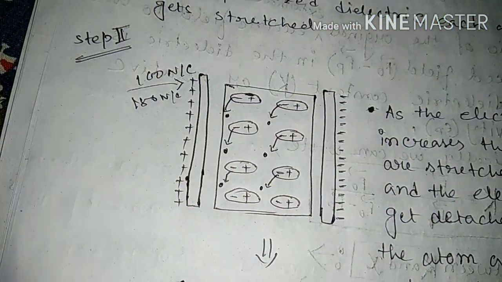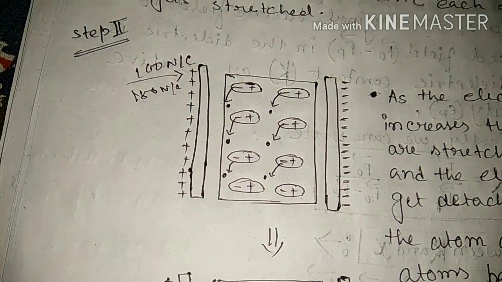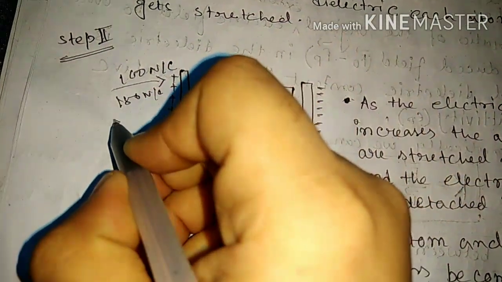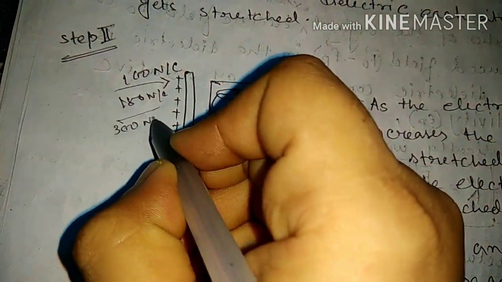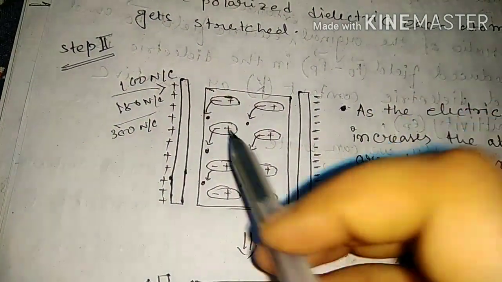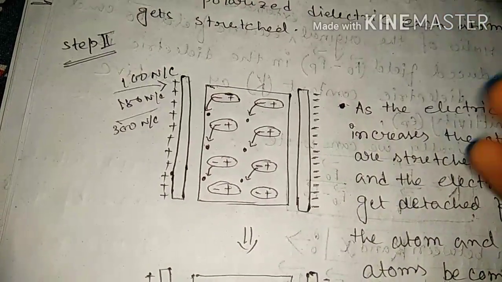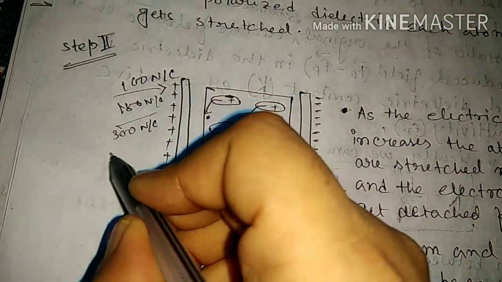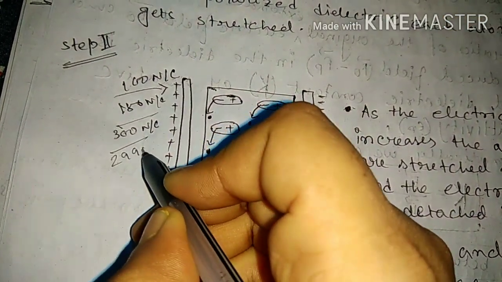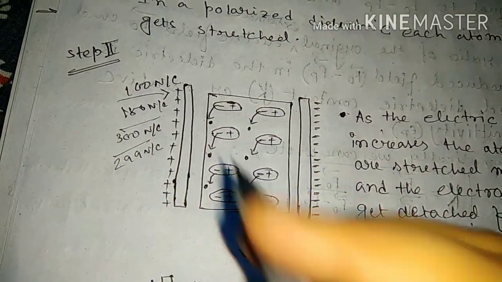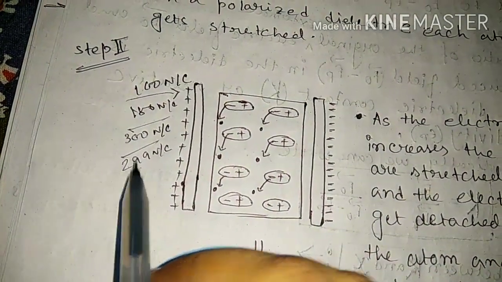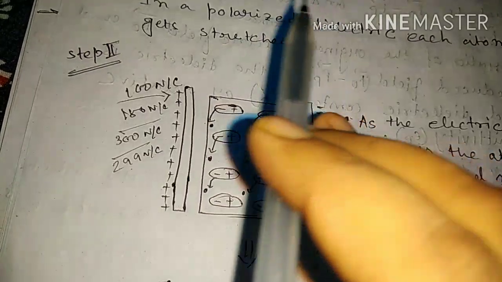Then also the electrons cannot detach from the atoms. Now if we apply a 300 Newton per Coulomb external electric field, we see that the electrons detach from the atoms. And if we apply 299 Newton per Coulomb, then in this electric field also the electrons cannot detach from their atoms.